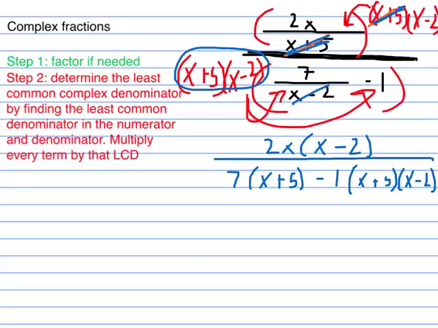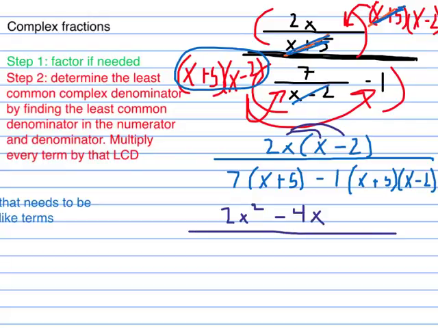Alright, and we just need to make sure that we do step 3 then. So we need to distribute anything that needs to be distributed. This is kind of the annoying step. When you already have the fractions eliminated, now we're going to distribute anything through, so we end up with 2x squared minus 4x.